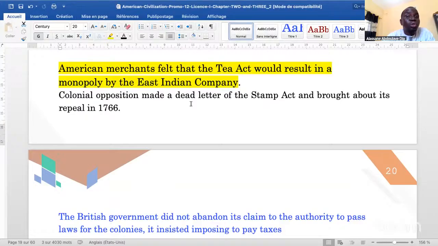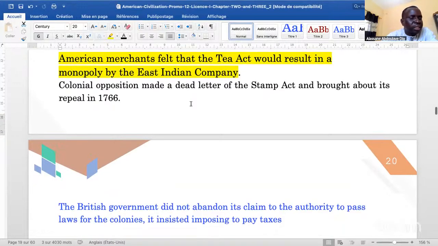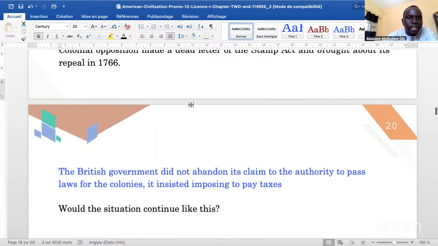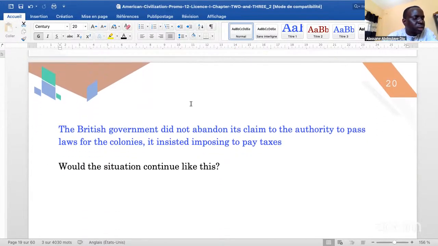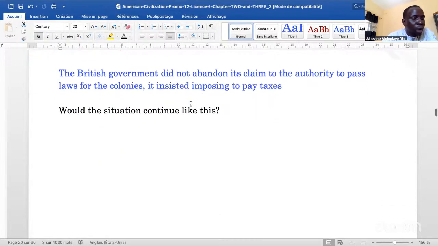So there was colonial opposition. Colonial opposition means that the colonies did not want to accept the Tea Act because the Tea Act gave domination or control to the East India Company. And the East India Company was going to dominate the market. So the colonies did not want it.